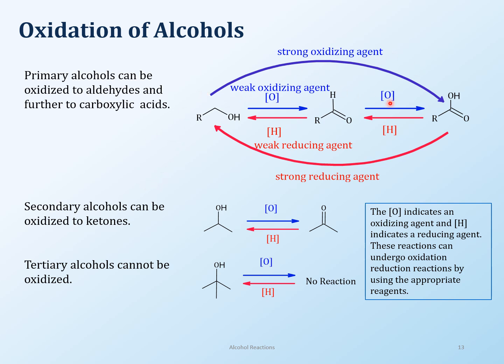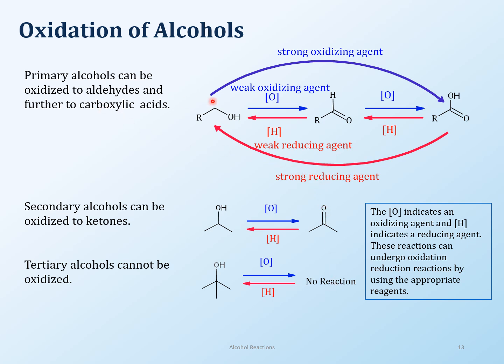Now, what I need to point out here, just like we had a little bit with reductions also: if you have a secondary alcohol, then you can oxidize that to a ketone. A primary alcohol is given to you right here. So a primary alcohol can be oxidized to an aldehyde. Secondary alcohols can be oxidized to a ketone. Tertiary alcohols cannot be oxidized. There is no reaction there.